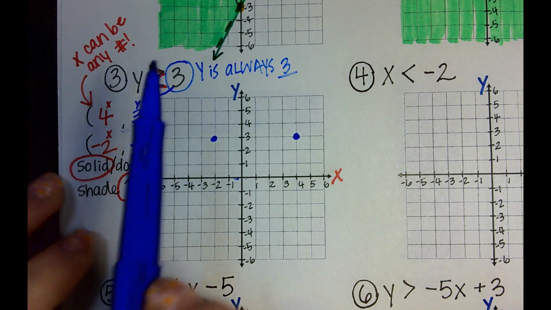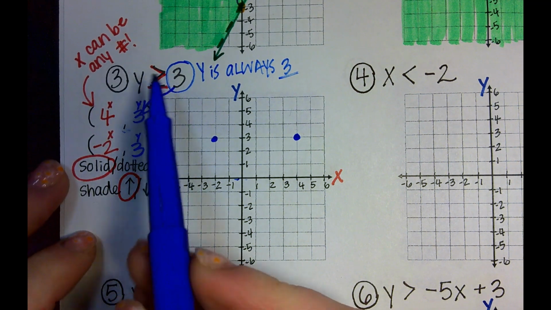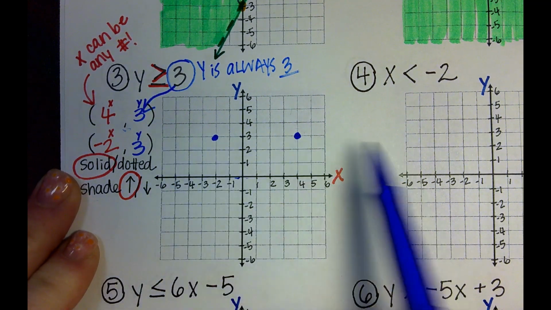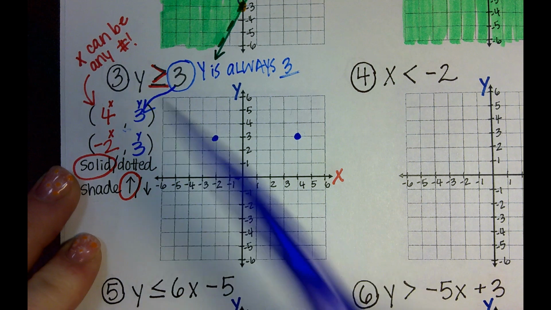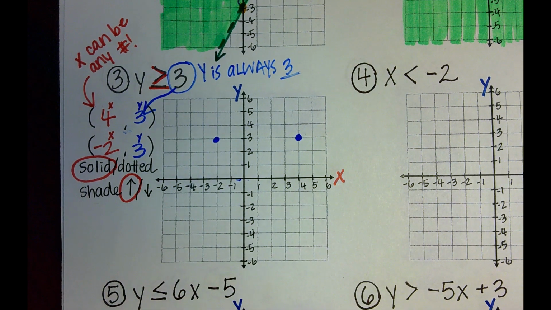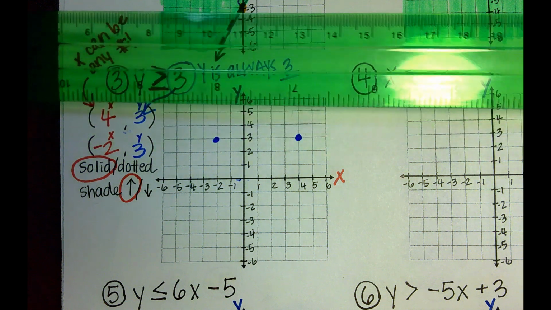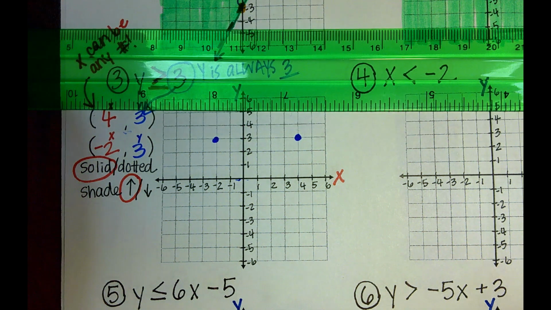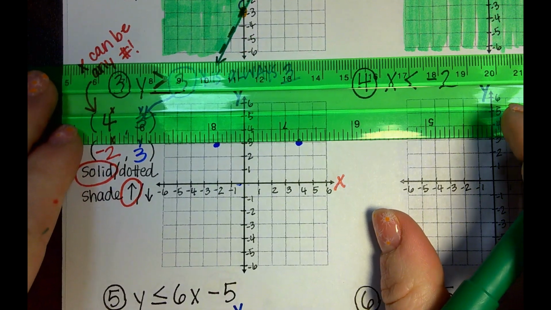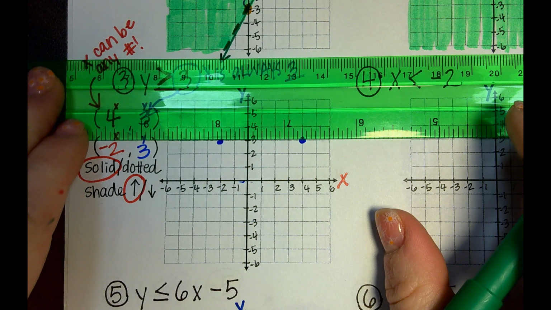You can also remember that when we have y equals a number, it's always going to be a line going straight across left to right at whatever number they tell you. And we decided this is a solid line, so we're just going to connect the dots and make it a solid line.